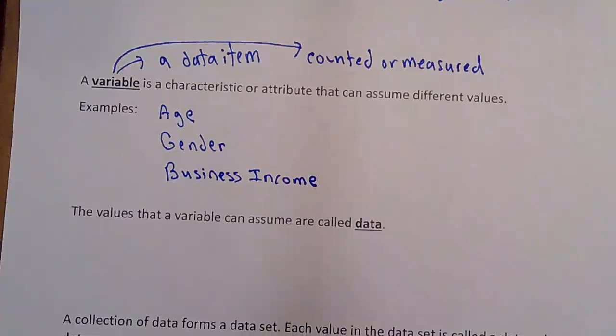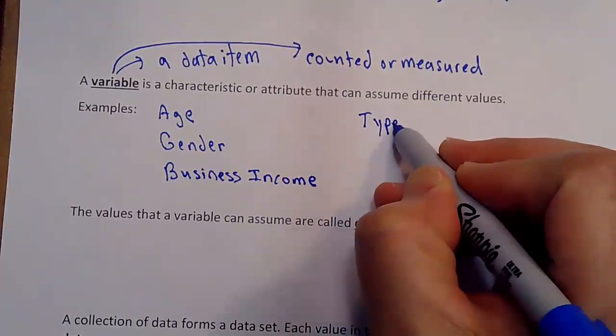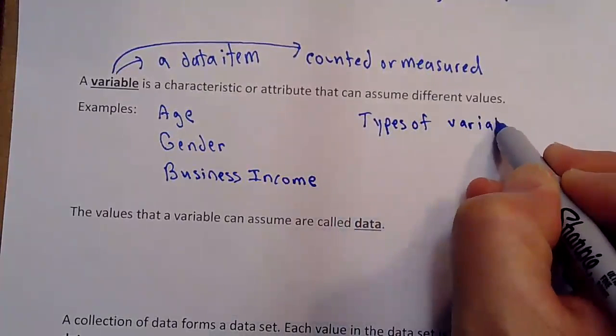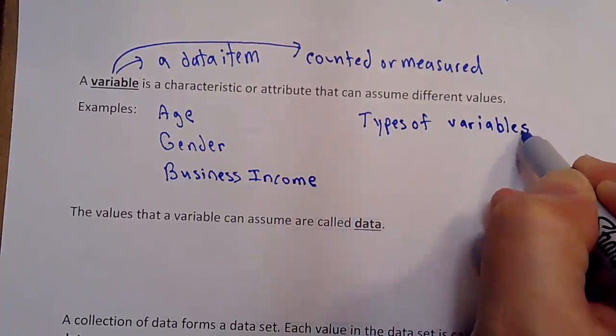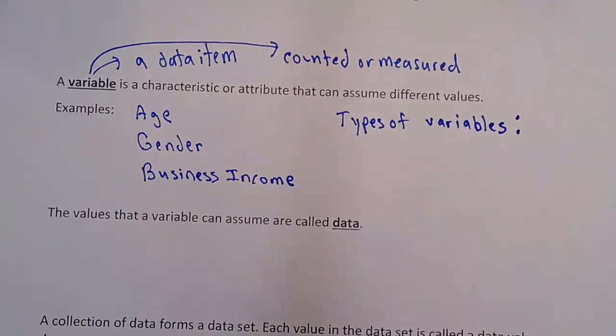And then I also put types of variables here. Later in this chapter, we will talk about these words that I'm going to write down. For now, I have types of variables.